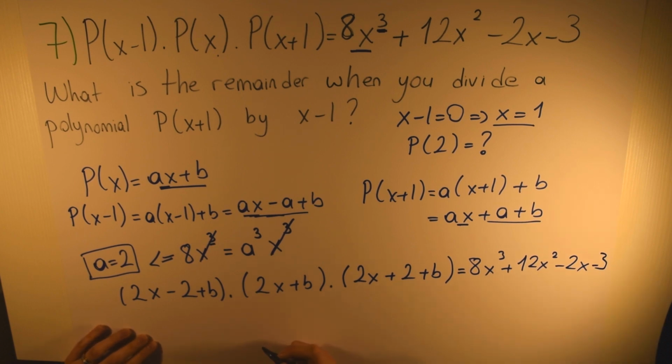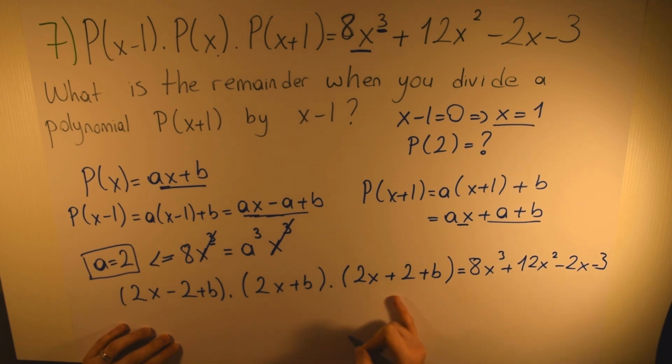okay. The easiest way to get b from this equation is to put 0 instead of x. If you put 0 instead of x, you can find b in a much easier way. So let's do that then.